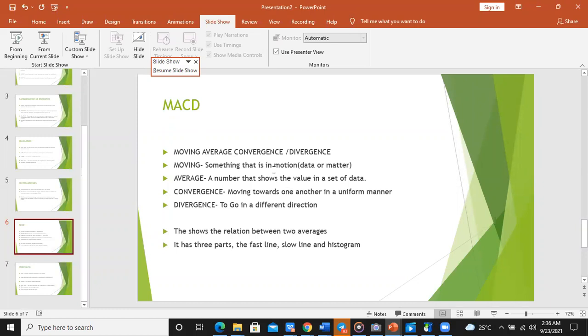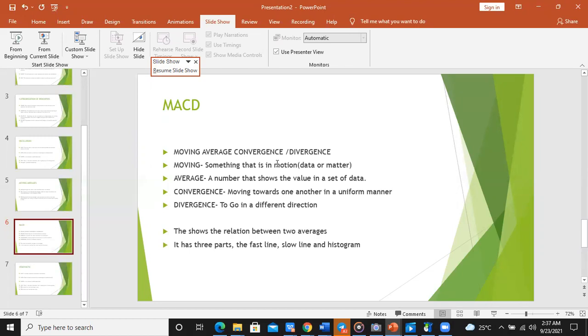All right, so MACD. What is the MACD? MACD means moving average convergence or divergence. So now let's break it down. Now the M, which is the moving, I know everybody understands moving. Something that is in motion, whether data or matter, is moving.